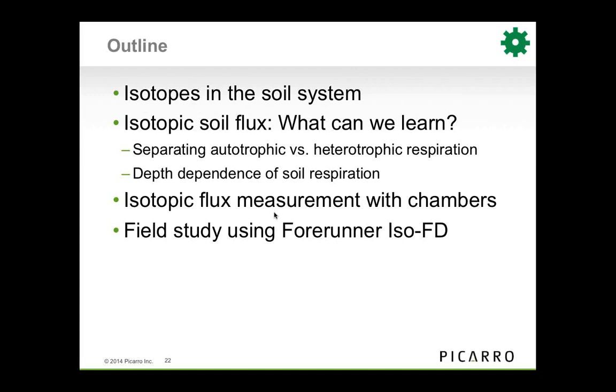How do we understand how plants and microbial communities are respiring in the soil? Then I'm going to talk a little bit about flux measurement with chambers and why chambers may not be the best thing to use, and then talk about the chamber that we've developed here, which we call the isotopic forced diffusion chamber, which we think overcomes a lot of the biases that are present in the other chamber systems.